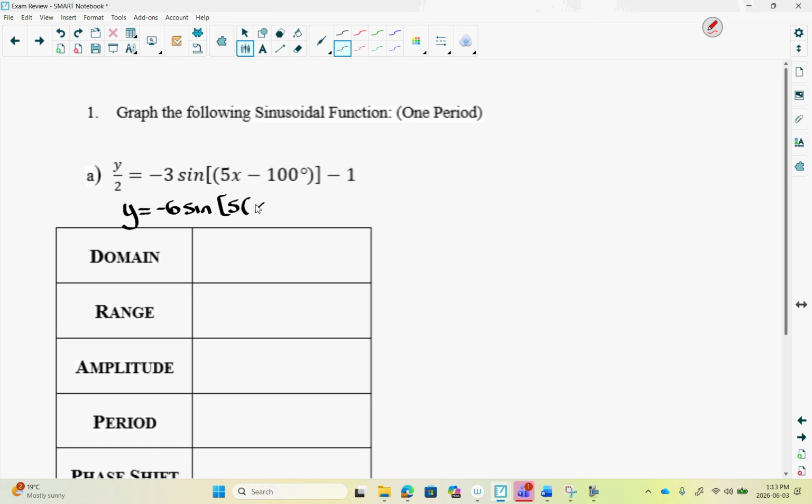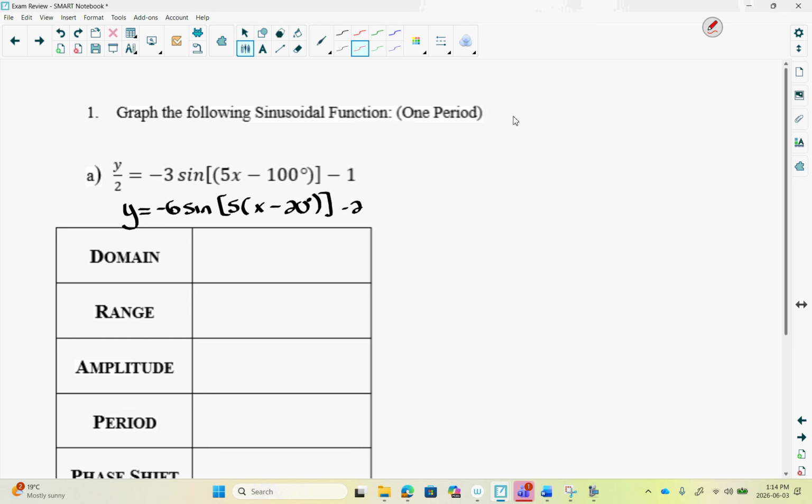Factor out a 5. I would leave x minus 20 degrees. Close the brackets twice. What should this become? Negative 2. Why does it become a negative 2? Because I doubled it. I multiplied A and K by 2. Fair?